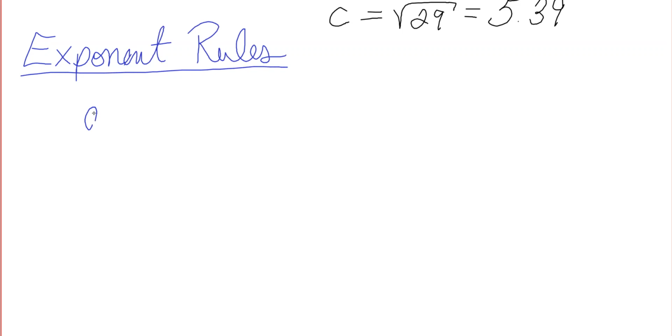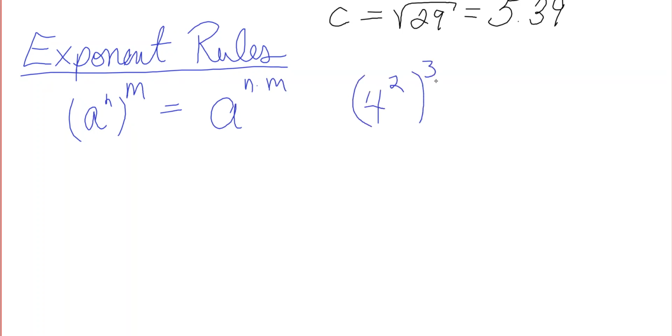You may remember that if I have something to a power, that's supposed to be an n, and then to another power, you can just multiply those two powers together. This was like if I have 4 squared and then I cube it, that's going to be the same as 4 to the 6. You multiply them, you don't add them.